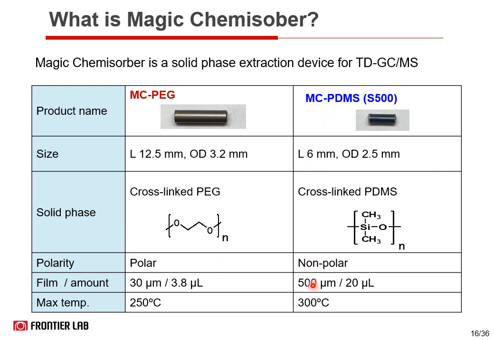MC-PDMS has a 500 micrometer cross-linked PDMS solid phase coated on a deactivated stainless steel tube as well. Their size is small enough to use with a pyrolyzer or other thermal desorption devices.